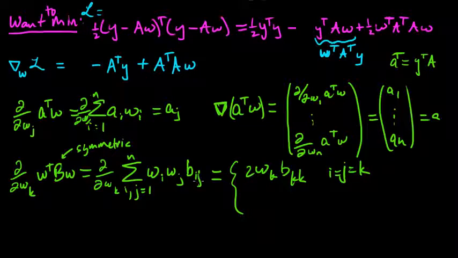By our assumption that B is symmetric, where Bij is the ijth entry of B, Bij equals Bji. So it always occurs twice that there is a factor Wi, Wk, Bik.